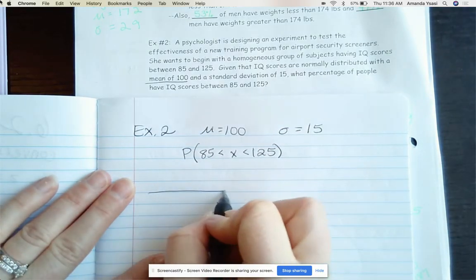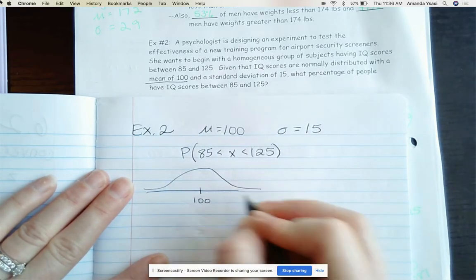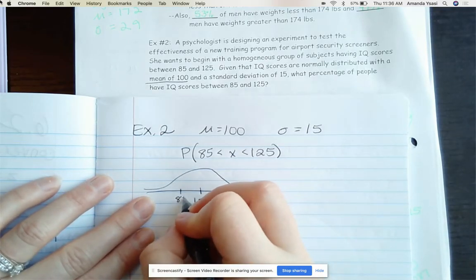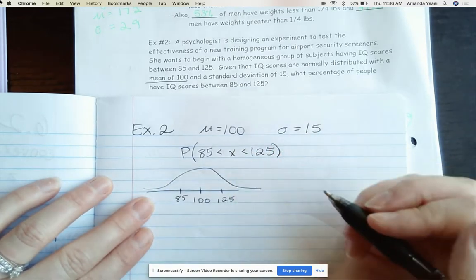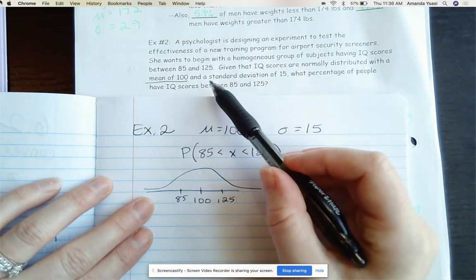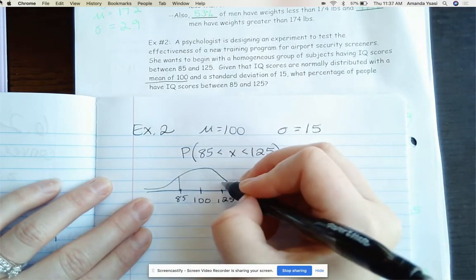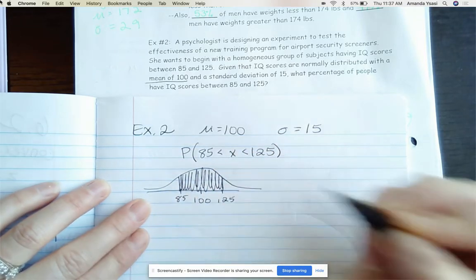So we draw. 100 is our mu. So 85 is right here. 125 is right here. We're finding the area between those two, the IQ scores between 85 and 125. So it's that area right there.